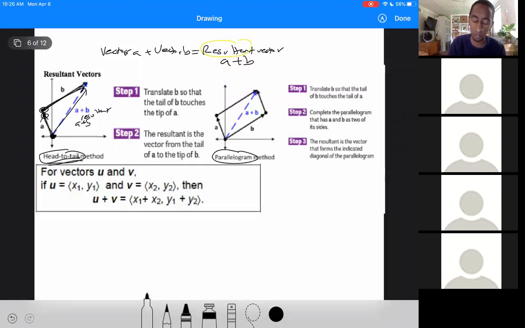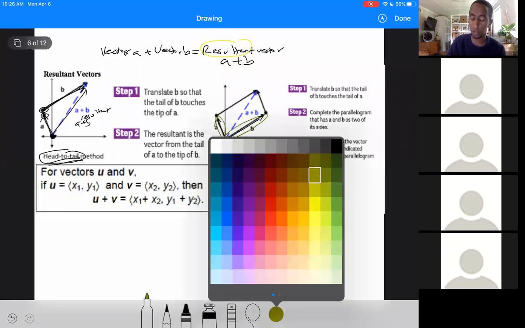The parallelogram method is you start both of them at the same place. So you start vector A at the same place and you draw it here, A. Then you start B at the same place and you draw vector B. Let me do a different color actually, so you can see the difference. So we do this as vector A, we do this as vector B. And then basically you create a parallelogram, okay?